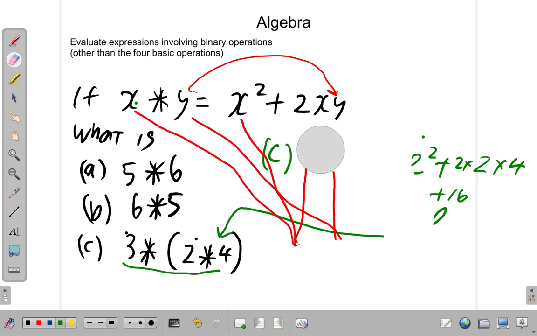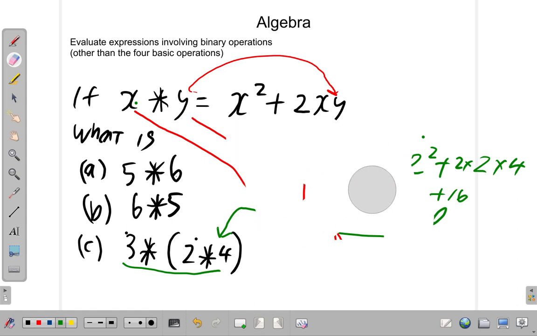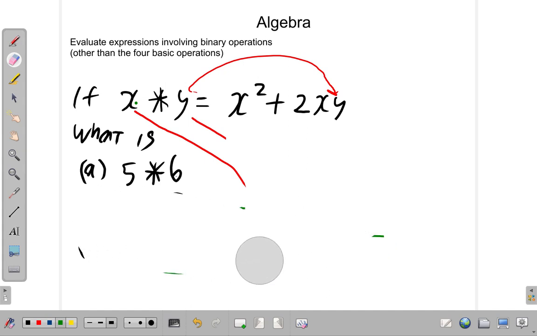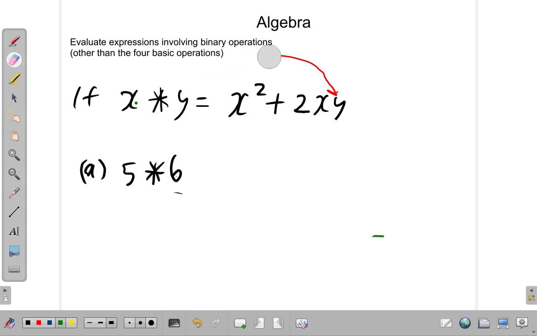Let's erase all of these arrows and so on. Let's just review part A. We're going to review part A. Let's get rid of these lines and so on. So basically, what you have happen is this. You have x and 5 in the same position.